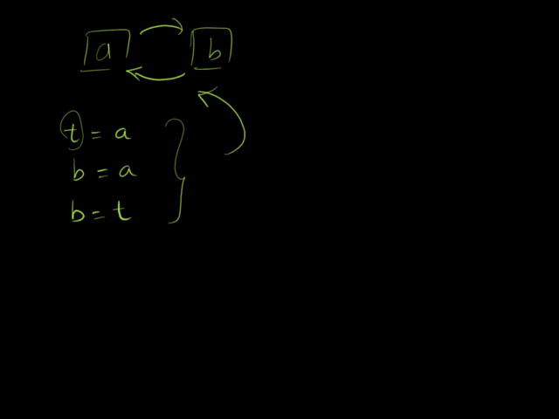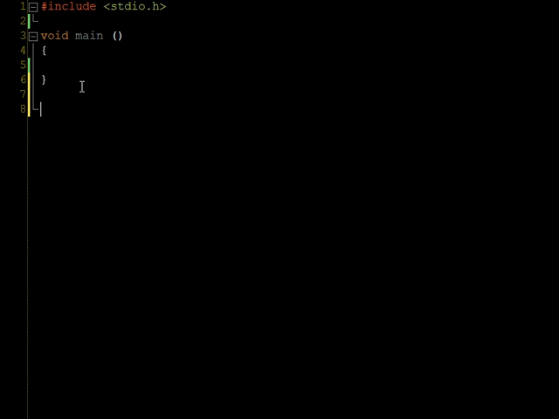Let's do it. As usual, we have included the standard input output header file. Then we have the main function. Let's write a function called swap. Now swap returns nothing, so we write void swap, and it will accept two pointers, the pointers of the two variables whose values we want to exchange, and those two variables are integers.